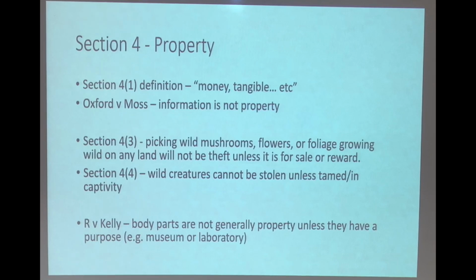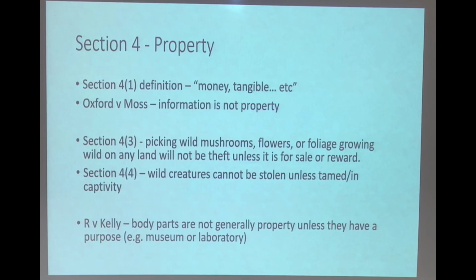The last case for property that's worth knowing is R v Kelly. It was to do with body parts that were taken from a laboratory in a university. Now, body parts are generally not property, and it's worth bearing that in mind, and it's for general reasons to do with if you owned your liver and your kidneys and things, you in fact could sell them, and they don't obviously want that, although there are issues on the black market and things like that.